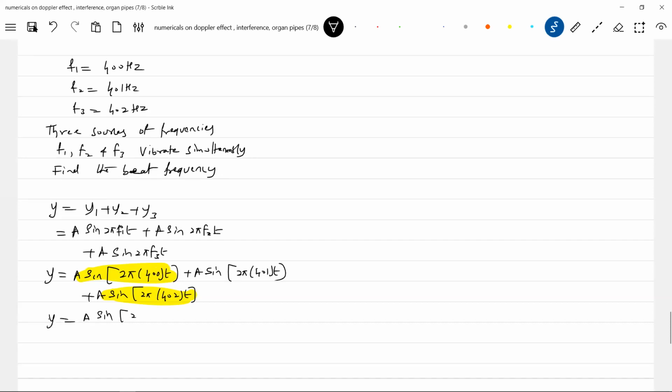A sine 2 pi 401 t plus A sine 2 pi 400 t. First we'll take the superposition of these two, applying the sin C plus sin D formula.